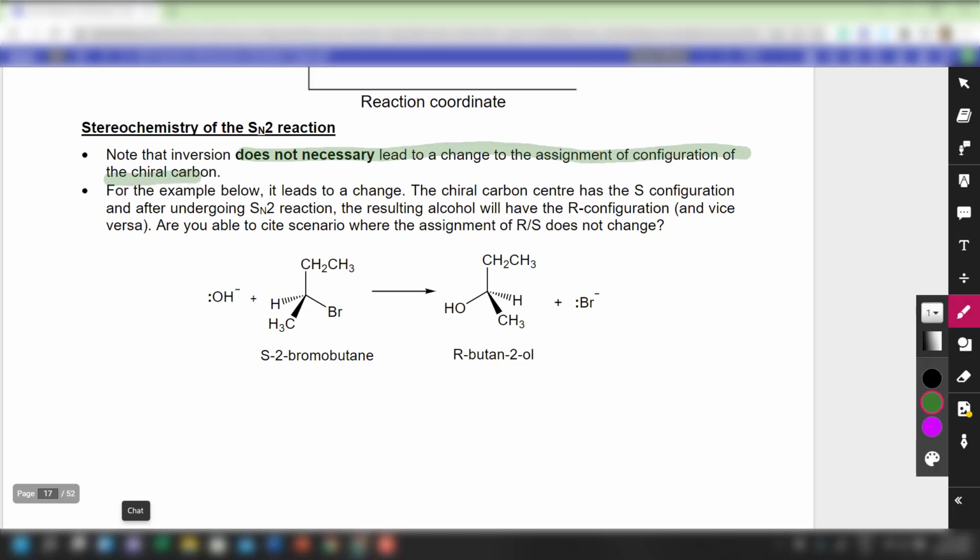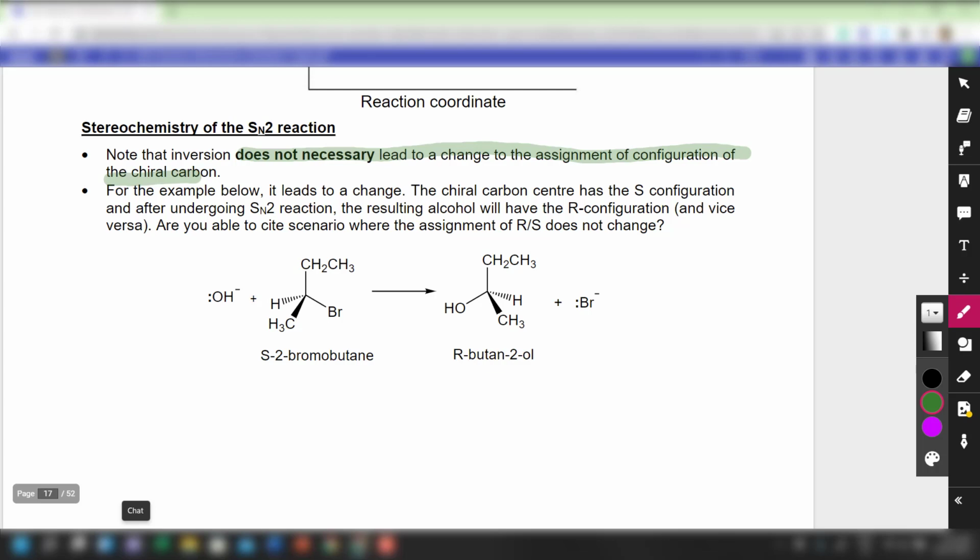For example, some students might have the misconception that an R isomer will become S, then S will become R. But do remember that R and S, the assignment is arbitrary because it is dependent on the groups it's bonded to. So if you are using a nucleophile which is of not similar priority to your leaving group, then it is possible that in the course of a reaction, S does become S and R does become R, but it is still considered an inversion. Okay, because your cone still turns inside out.